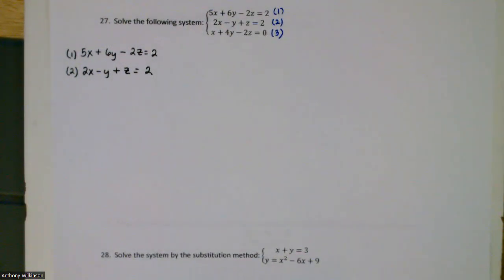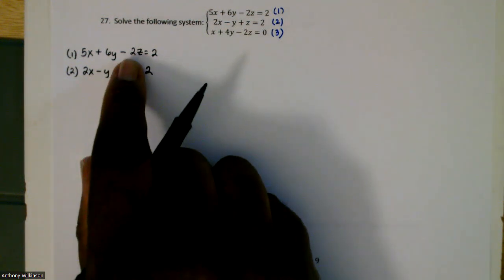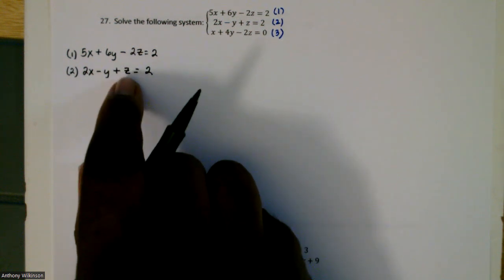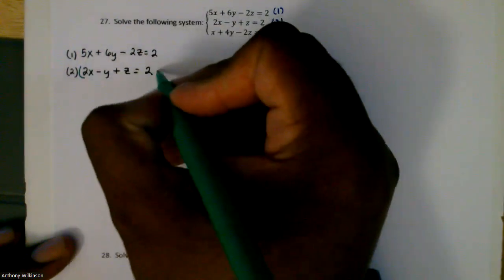Now, what I'm going to try to do is eliminate a variable. Let's eliminate the z. And then I'm going to pick another pair of equations and eliminate that z as well. That way I'll have two equations in the same two variables. So I'm going to eliminate the z. I've already got a minus 2z. So if I want this z to cancel, I need to multiply equation 2 by 2.